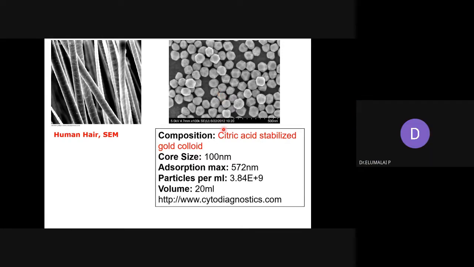It specifically says that it is citric acid stabilized. It means someone has employed citric acid to reduce auric chloride, gold chloride, into gold. And citric acid provides the stability to the gold colloids or gold particles.